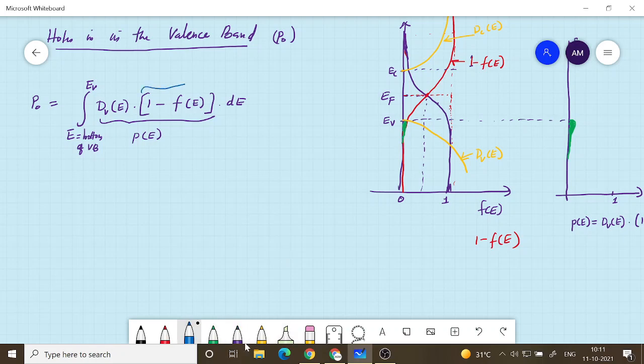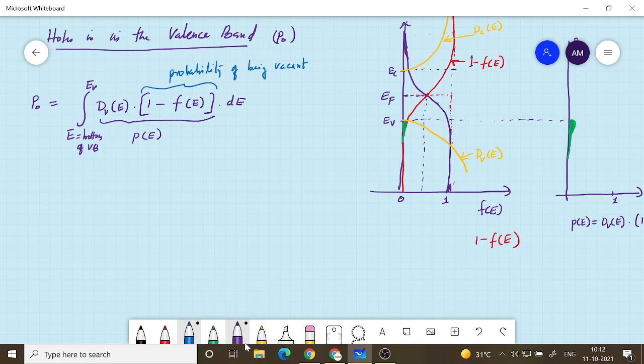So this is the probability of being vacant, multiplied by the number of states which are totally available. Out of that, some are occupied, some are not occupied. Our interest is in how many of them are not occupied. So that is P of E. Integrate them, we will get total vacancies inside the valence band.